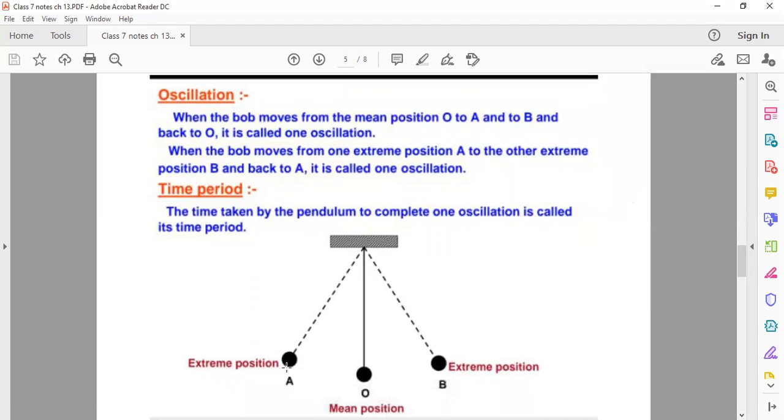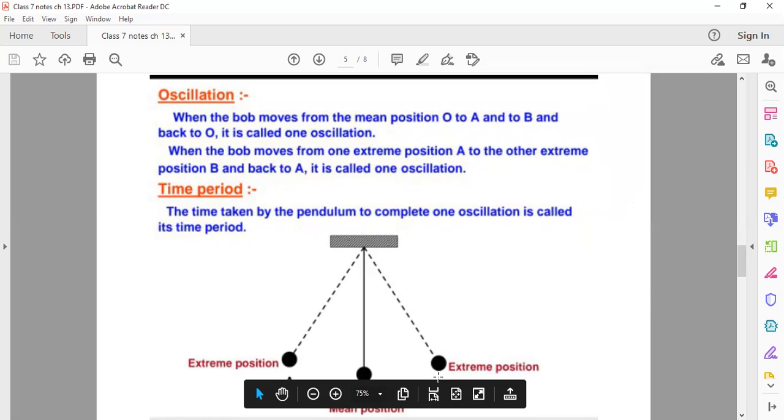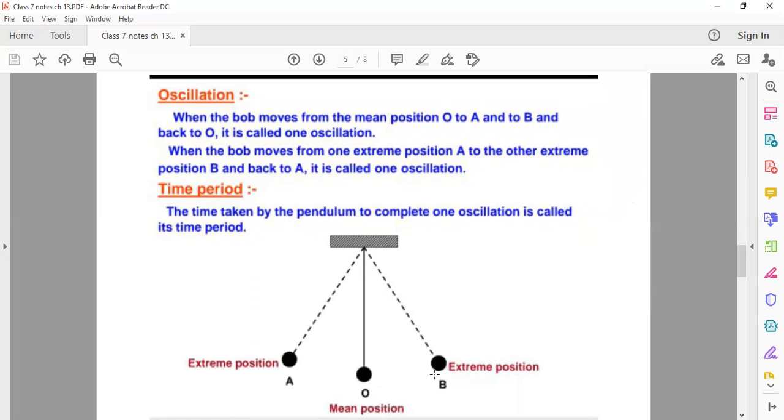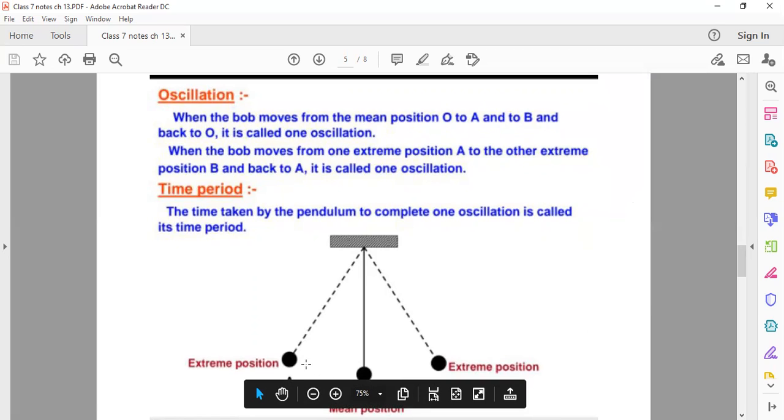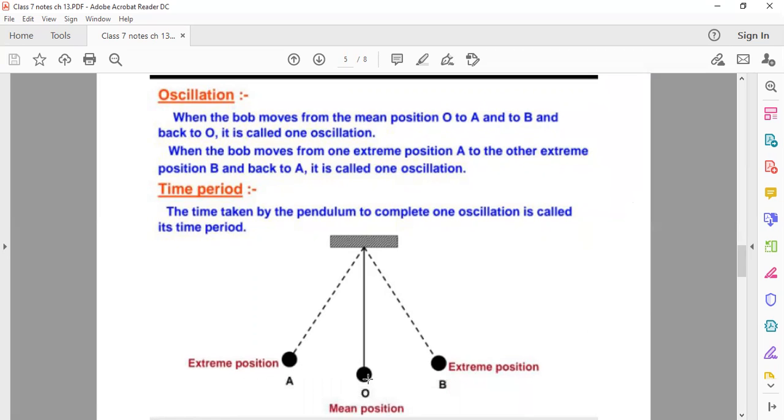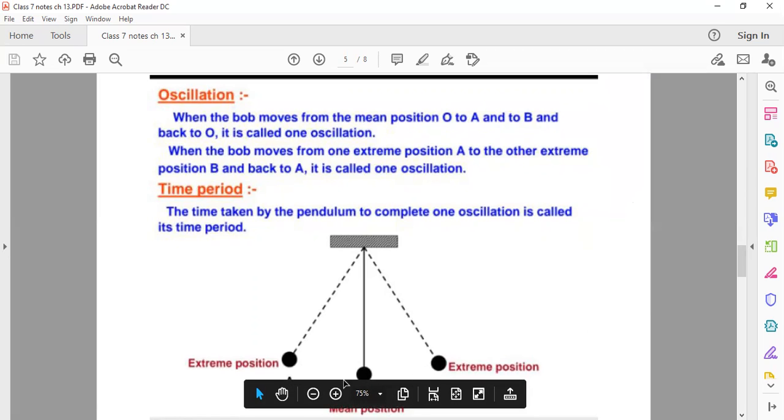And these two positions, A and B, are known as extreme positions. As I had told you already, first of all we take the bob from the center to position A and we release it. Obviously the bob will come to O, then to B, then again to O, and in this way it will swing.